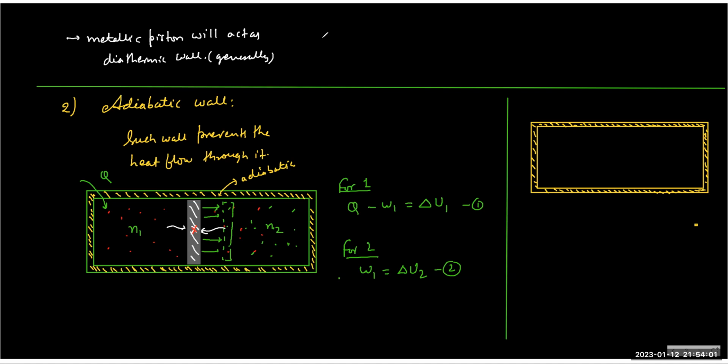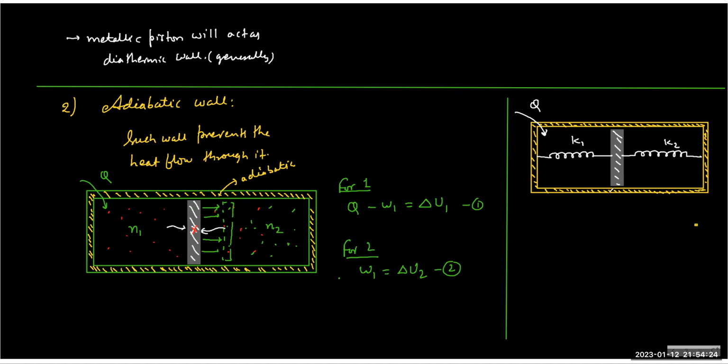So imagine now I have a partition, which is also adiabatic. And then I attach some springs. Both these springs are in the natural length. And then I give some energy.